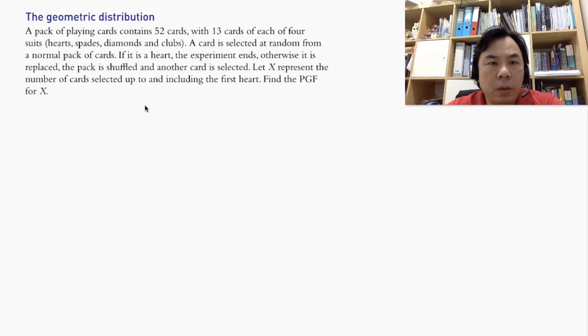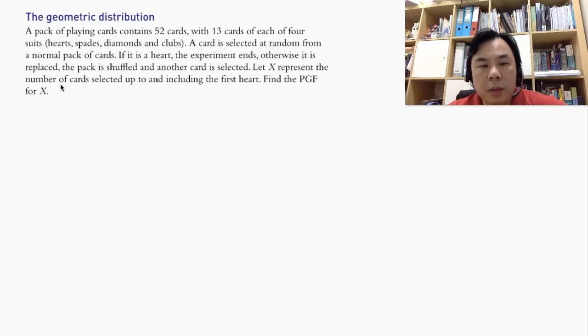Now, a pack of playing cards contains 52 cards, with 13 cards of each of 4 suits. Those suits are hearts, spades, diamonds, and clubs. Now, a card is selected at random from a normal pack of cards. If it is a heart, the experiment ends.